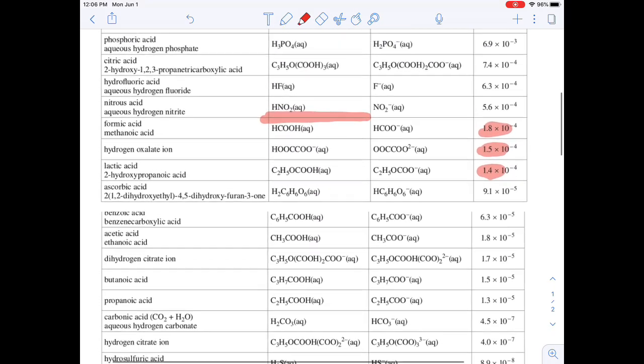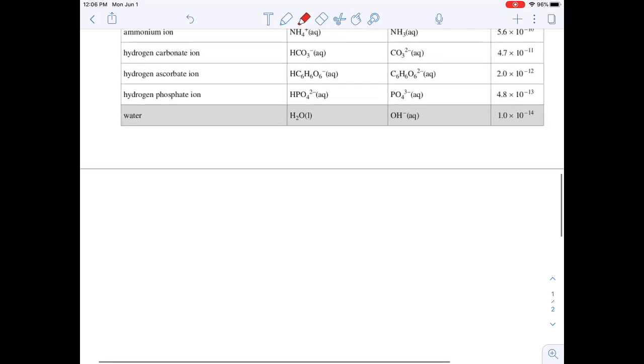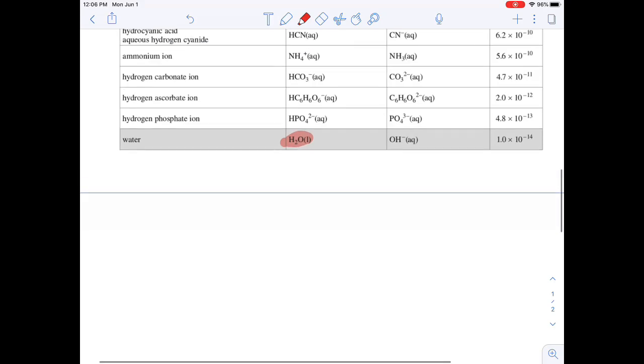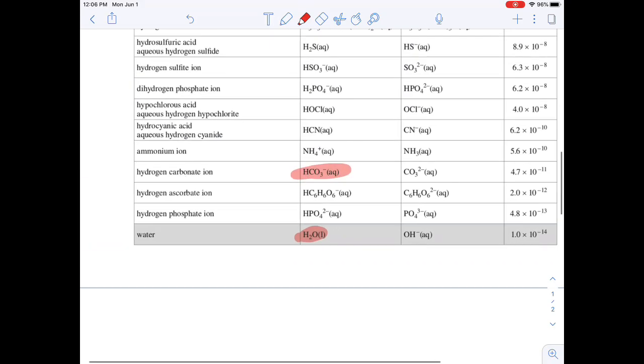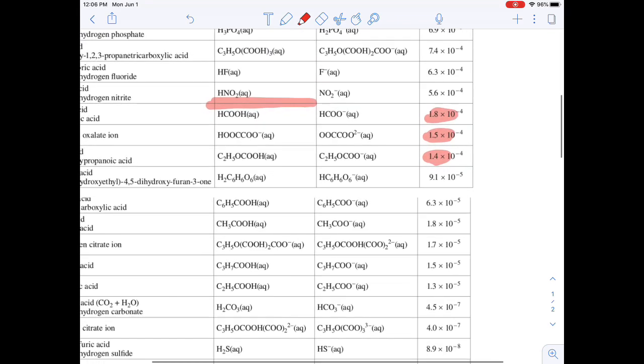We've got the malic acid is there, water is here, water is also down here. We get hydrogen carbonate in its acidic form down here, and it's very weakly acidic. And then we get hydrogen carbonate here. So what we're going to get is the acid reacting with hydrogen carbonate.